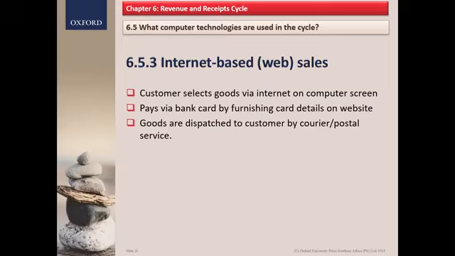Goods are dispatched to the customer by courier or postal services. There is a big organization doing that called Amazon. They specialize in books, music, and many other things. They are known for web-based sales. There is also a whole host of scams happening in the internet-based sales environment.